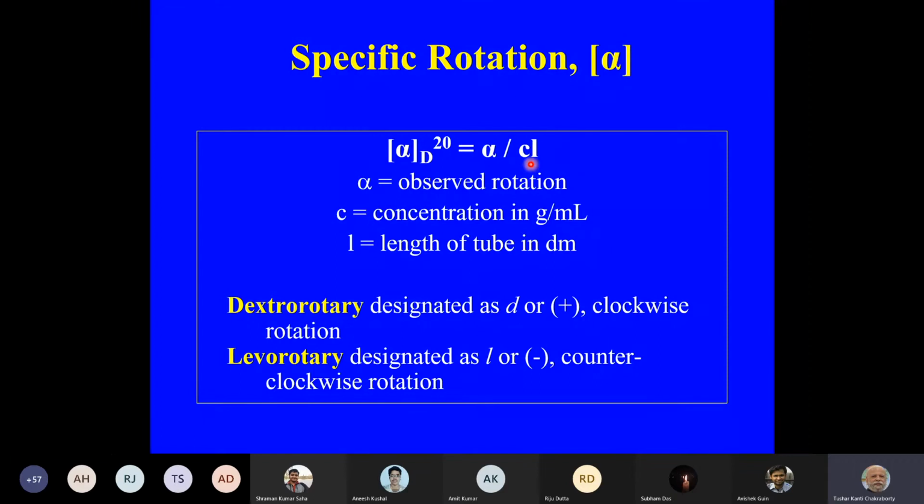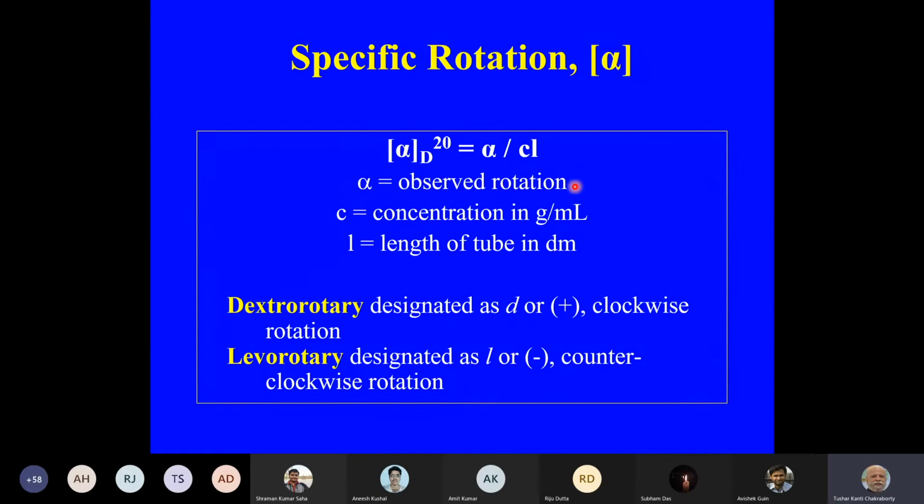If I measure some value, suppose 233 degrees for 1 gram per ml, and suppose I do another experiment at 0.1 gram per ml, the observed rotation will be less, about 23.3. Then the specific rotation, since we are dividing by the concentration, will again become 233.